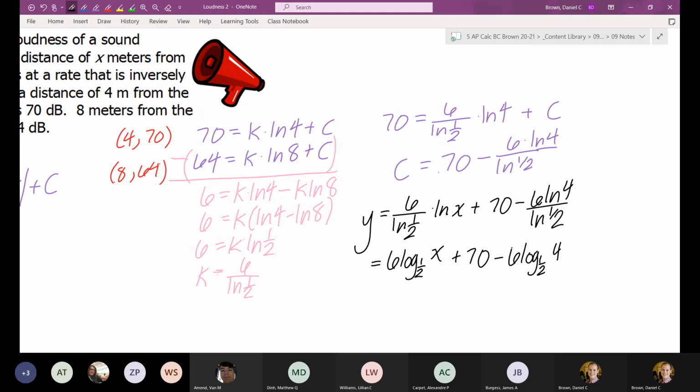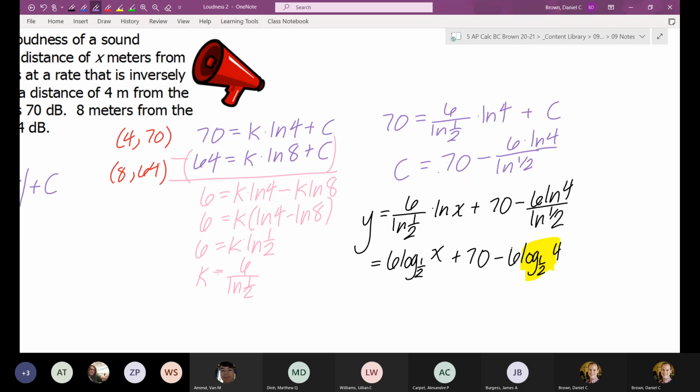So some options, you can maybe combine these as a single expression. You could factor out the 6 and then they are both logs to the base 1/2. I'm not going to do that because I want to review just evaluating logs. I think sometimes we forget how to evaluate them by hand. Log base 1/2 of 4 means 1/2 to some power is equal to 4.